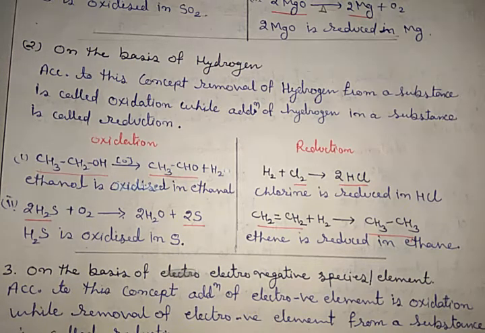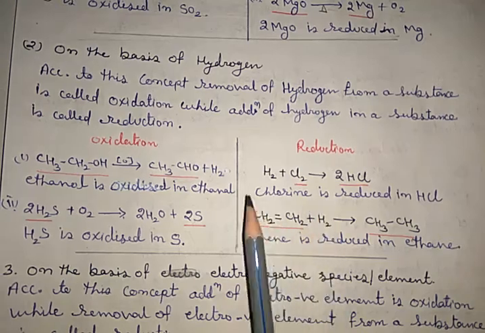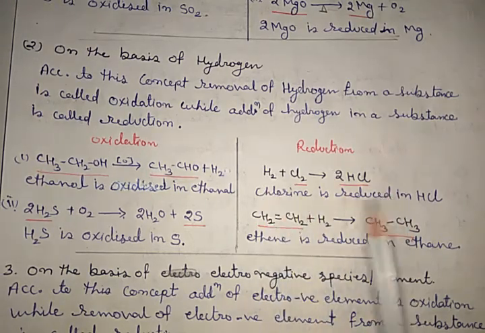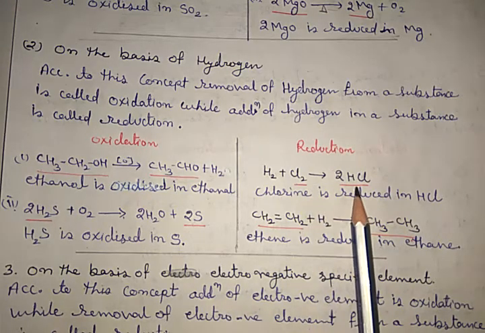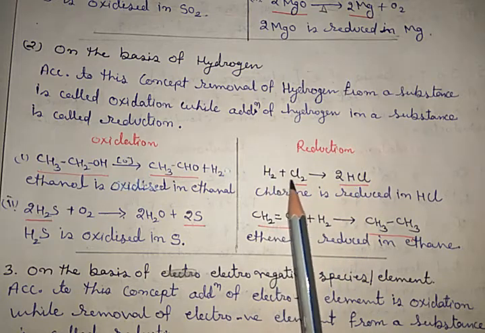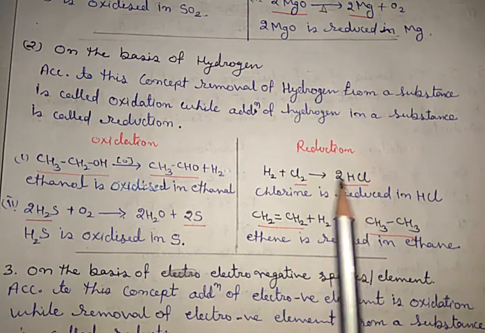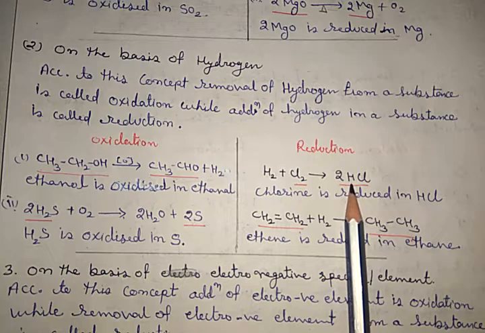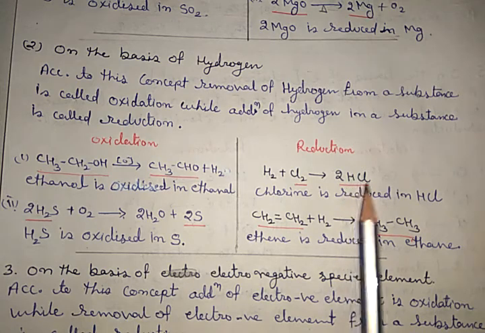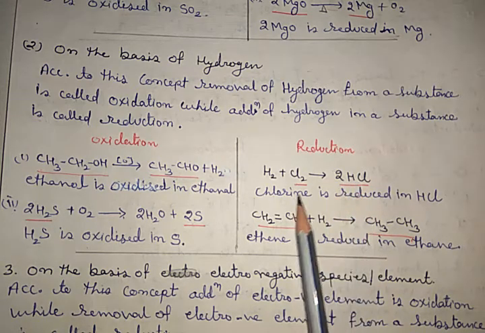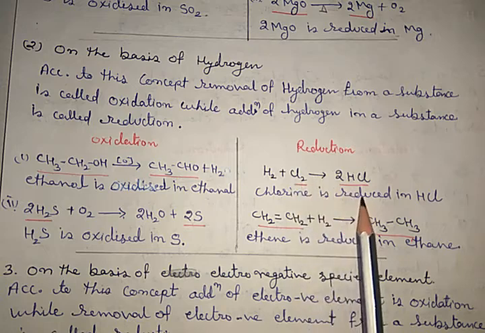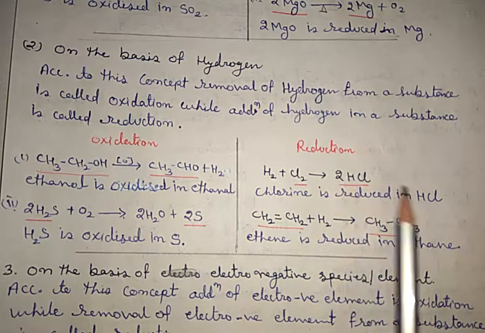If we consider examples of reduction, we can take the first example here. H2 reacts with Cl2 and makes 2HCl. If I consider this chlorine, then here hydrogen is added to chlorine, so I can say that chlorine is reduced to hydrochloric acid, HCl.